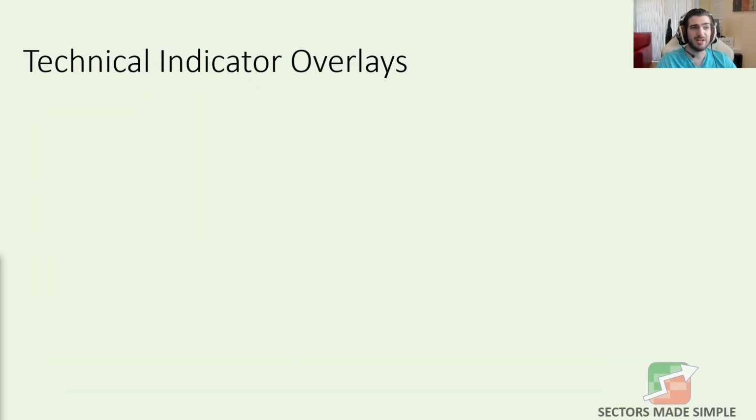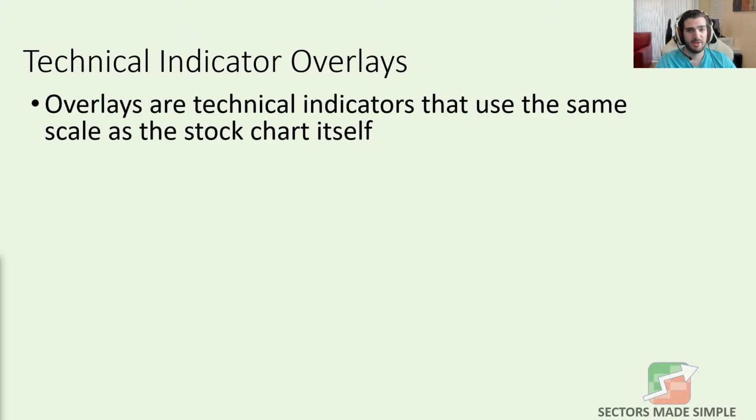Let's start off with our indicator overlays. These overlays are, like the name says, stuck on top of the chart itself. They can be put on top of the chart itself. They use the same scale. So if it's price, they still use price as their metric. If it's volume, they still use volume. If you're looking at options and they use open interest, it's still looking at open interest.